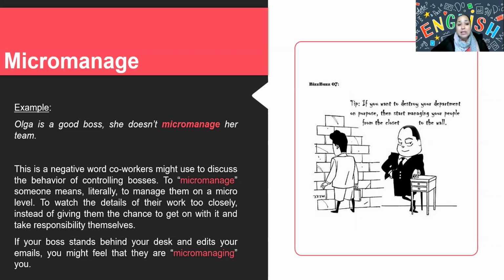To watch the details of their work too closely instead of giving them the chance to get on with it and take responsibility themselves. That, in the opposite way, is what we call empowerment. But if the empowerment doesn't happen, so I need to write that word down. So the opposite is to empower the employees or to give them empowerment.